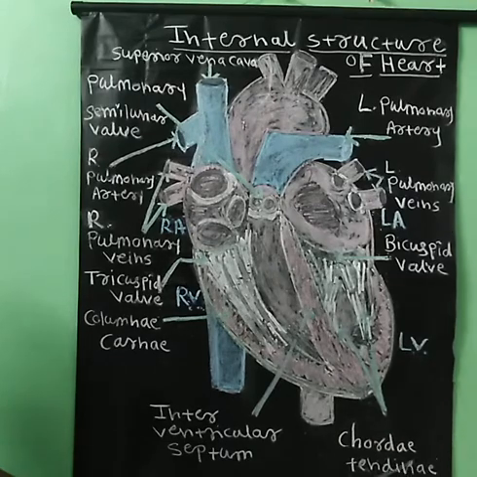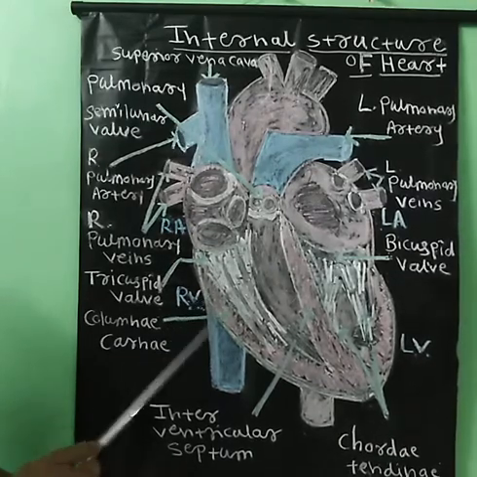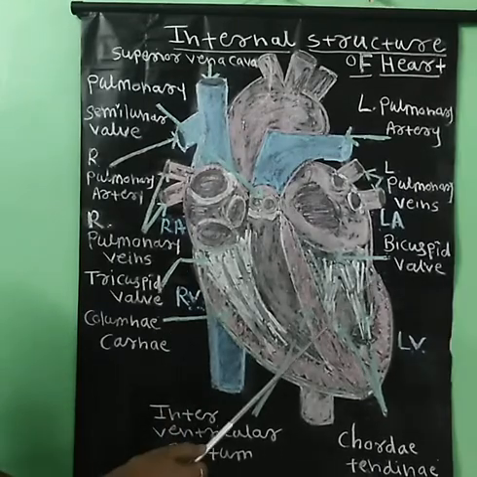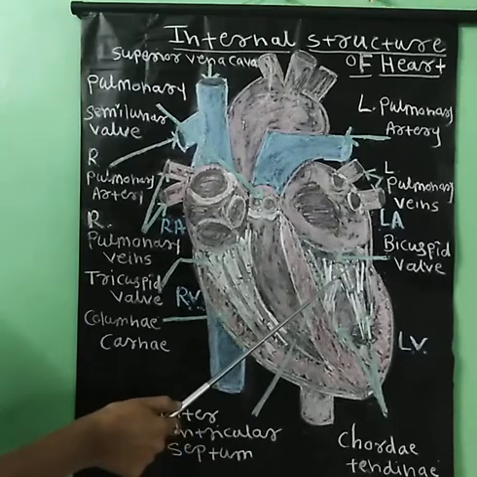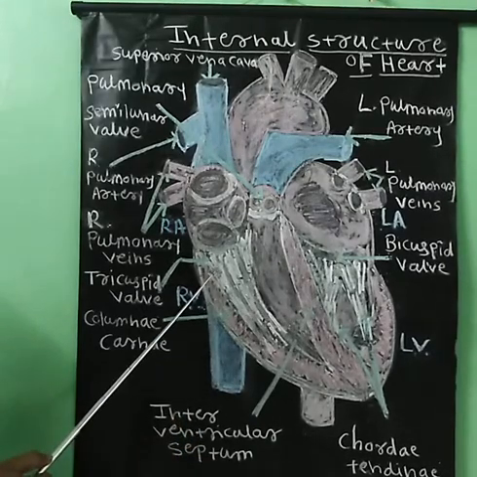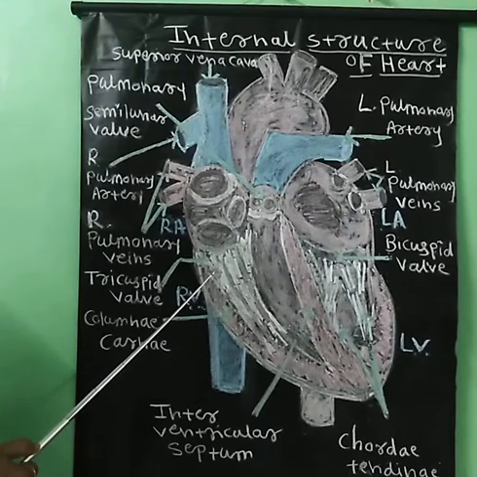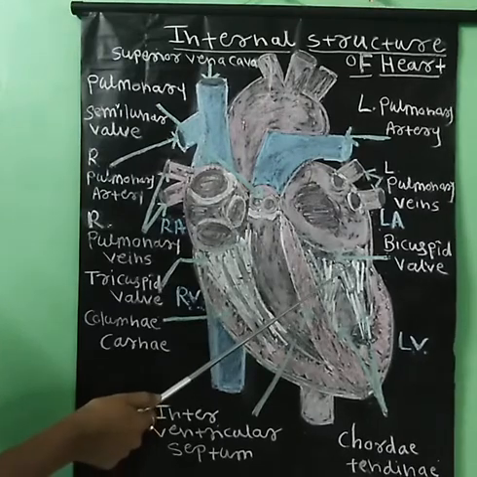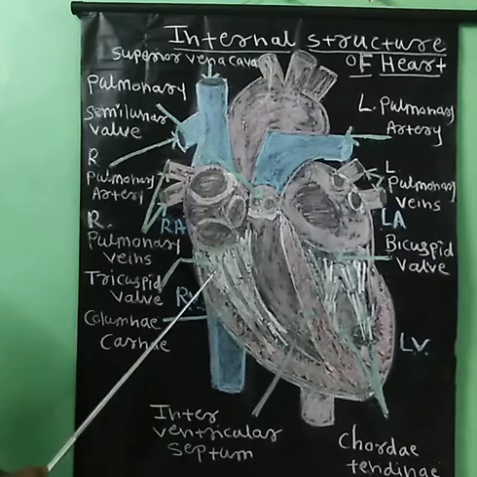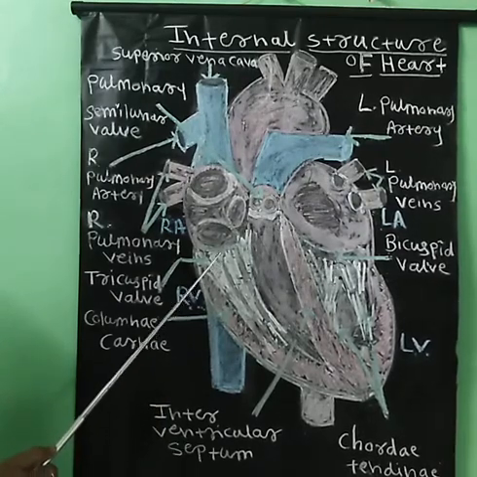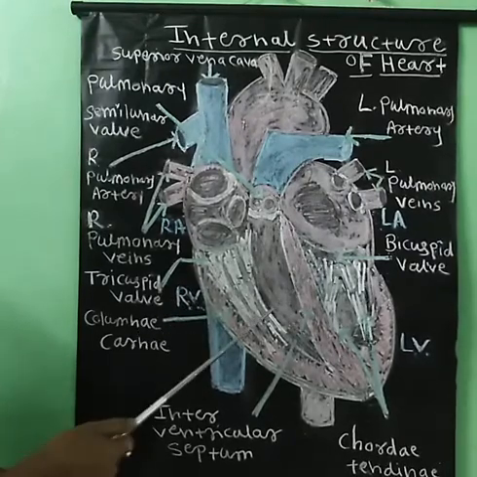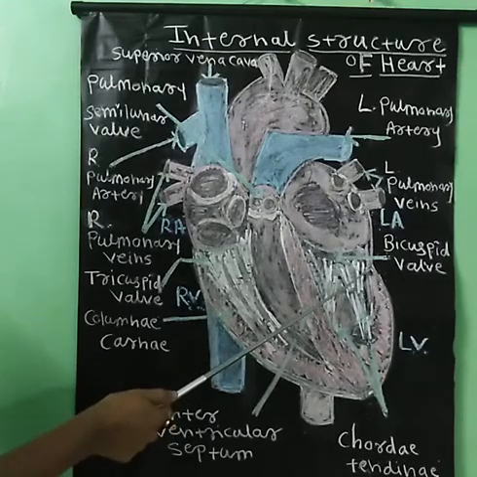Again, tricuspid valve and bicuspid valve are attached to wall of ventricle with the help of muscles known as papillary muscles, which function for proper opening and closing of tricuspid valve and bicuspid valve.